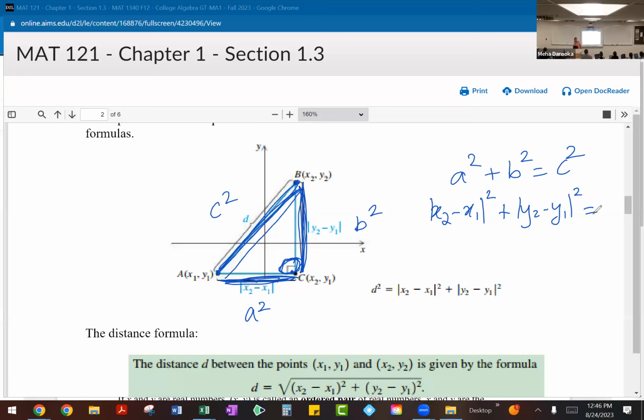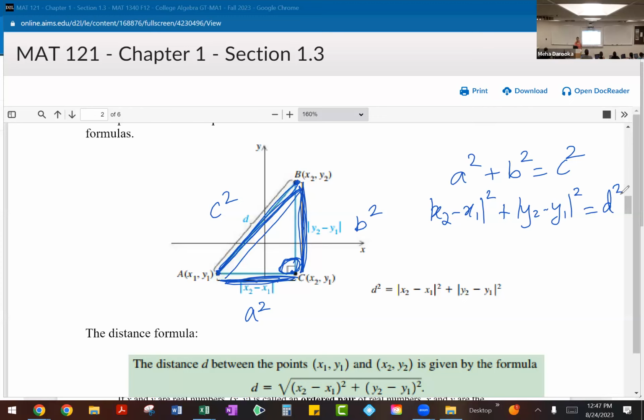Since we're trying to show you how we go from the Pythagorean theorem to the distance formula, they're calling it d. And that becomes your d squared. That is basically what the distance formula is. The distance formula is the Pythagorean theorem rewritten on a coordinate plane and converted into a distance formula to show you the distance between two points.